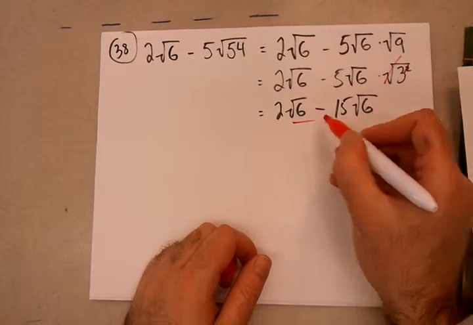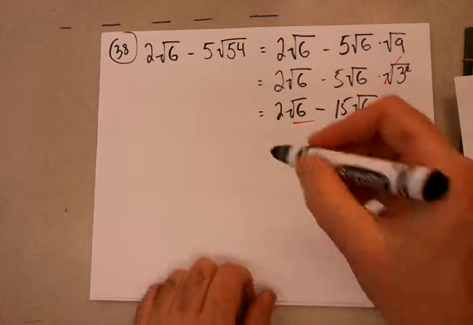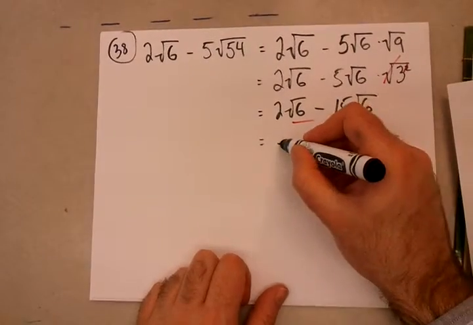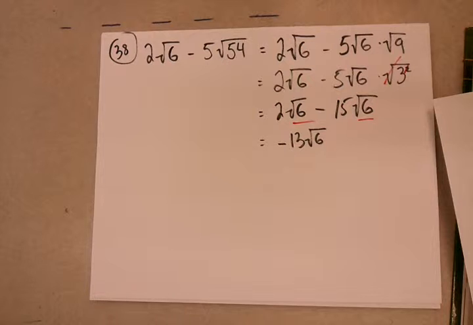They both share a root 6. If that's the case, you work on this problem just like you would if you had a problem with 2 of the identical variables. You combine your like terms. 2 minus 15 is negative 13 root 6. And that is the answer for 38.